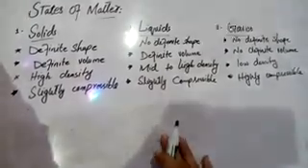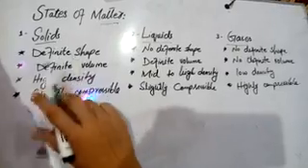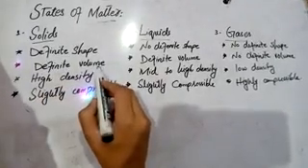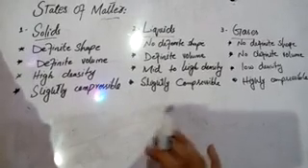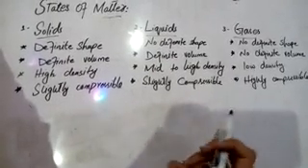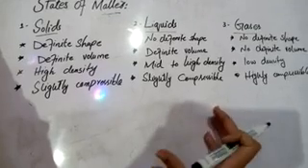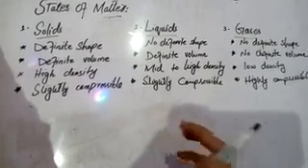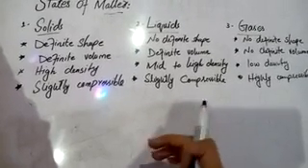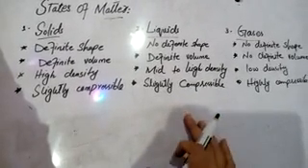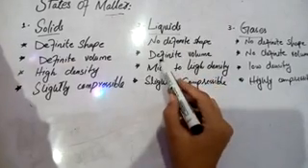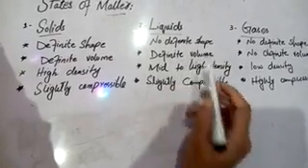Let's talk about the second one, having a definite volume. The solid state of matter has a definite volume. The reason is the solid molecules are close enough to give it a definite volume. We can measure the volume of solids. On the other hand, liquids also have a definite volume.